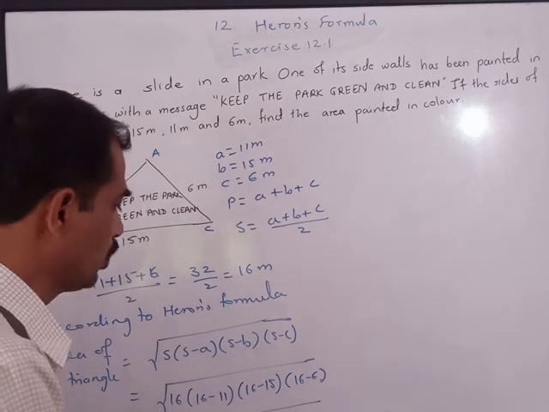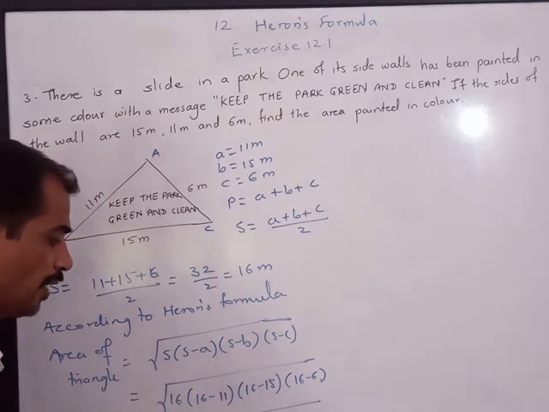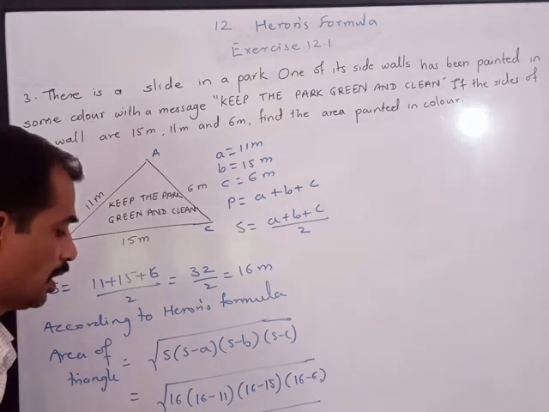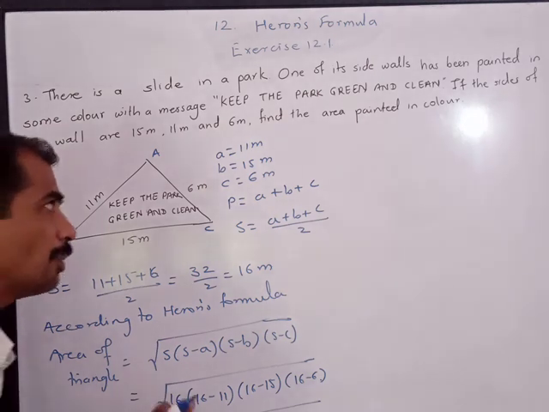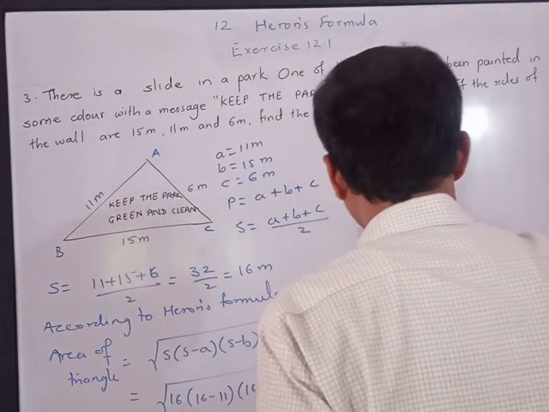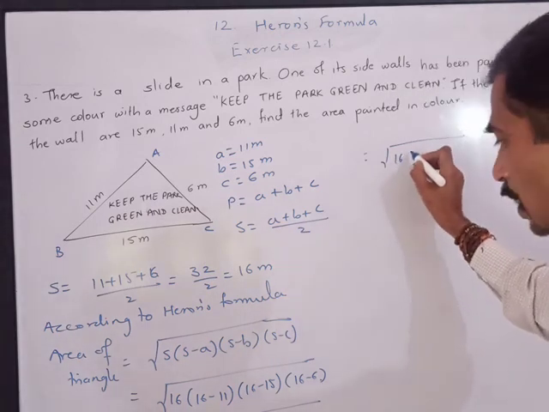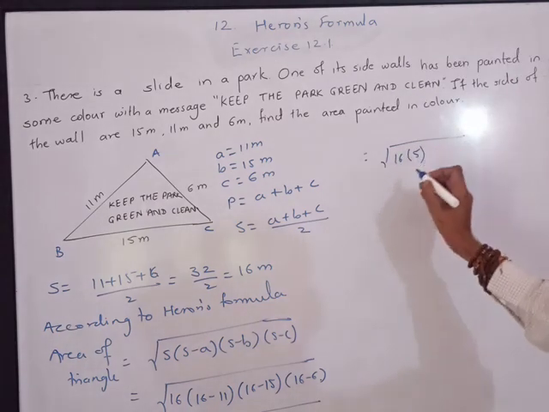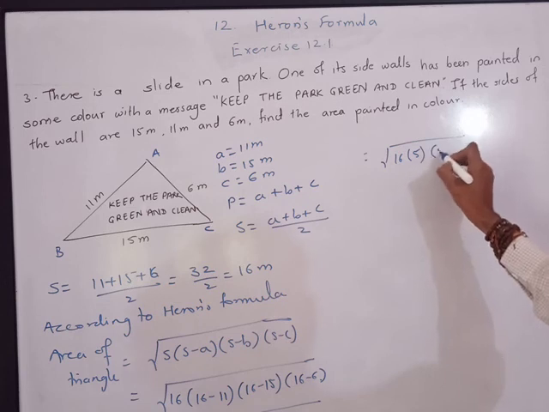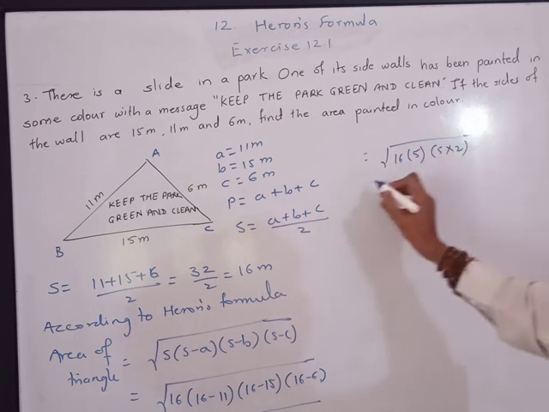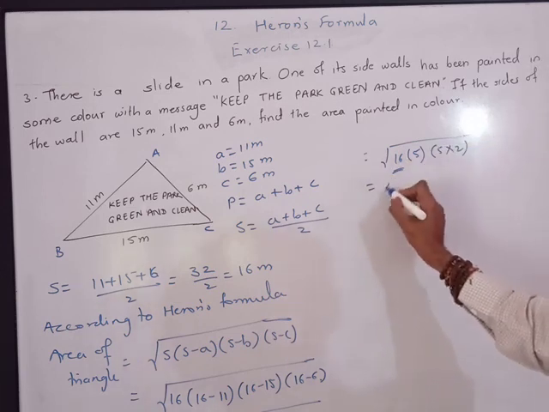Now I have already told you, factorize in such a way that we will get a perfect square number. 16 is a perfect square number, so keep it as it is. This is equal to under root 16, then 5 is a prime number, cannot be factorized, 1 is 1 only, 10 is 5 into 2. So 16 comes out as 4.